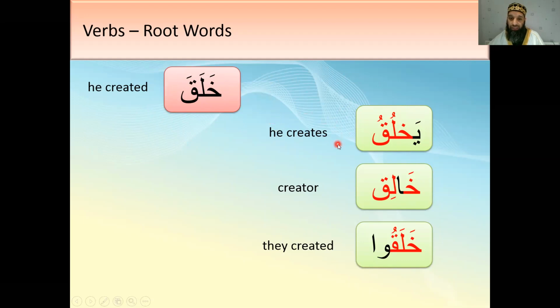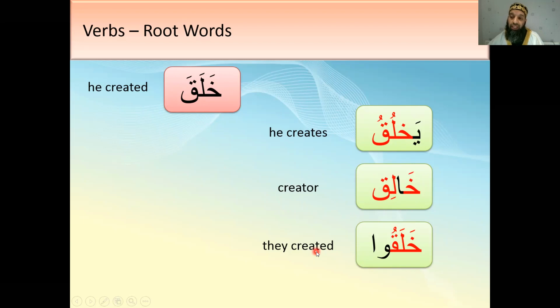The khalaqa is still in there, but we've added something onto it, like replay. Now the meaning has changed. If we add something in the middle and change the vowels, khaliqun, it means creator, i.e. the doer of that verb, the one who is doing that thing.